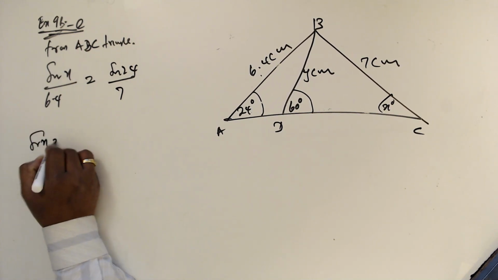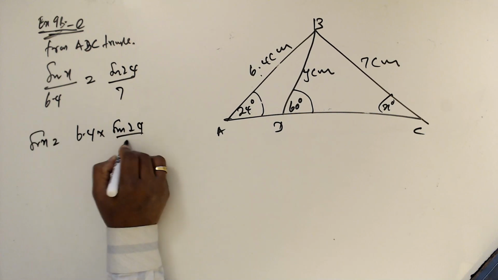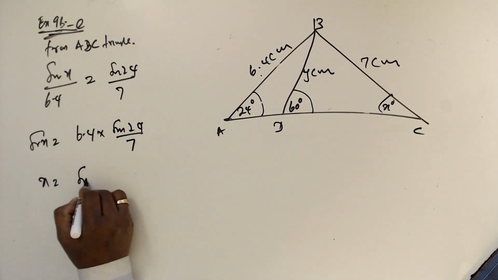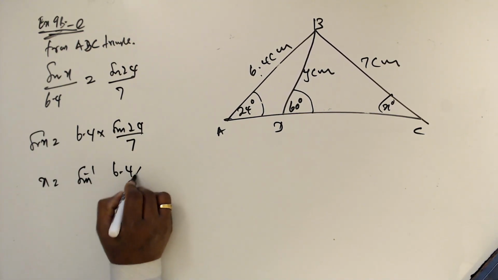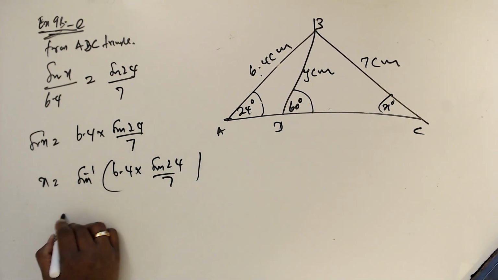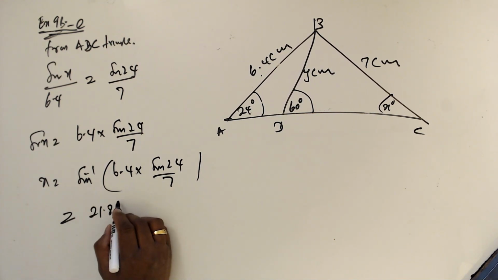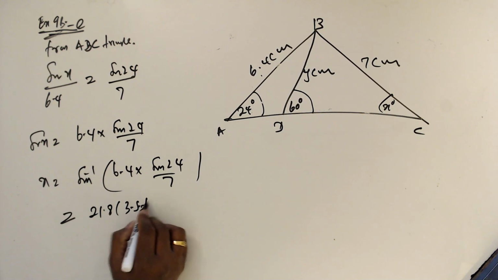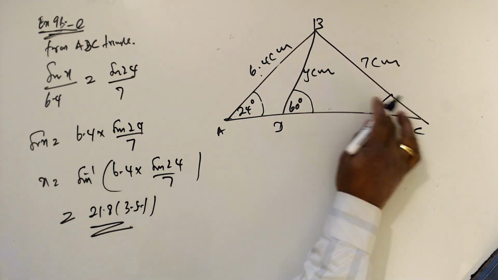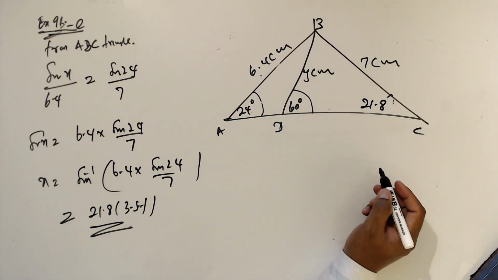So sine x equals 6.4 times sine 24 over 7. x equals sine inverse of 6.4 sine 24 over 7. So this is going to be 21.8 to 3 significant figures. Now x equals 21.8.